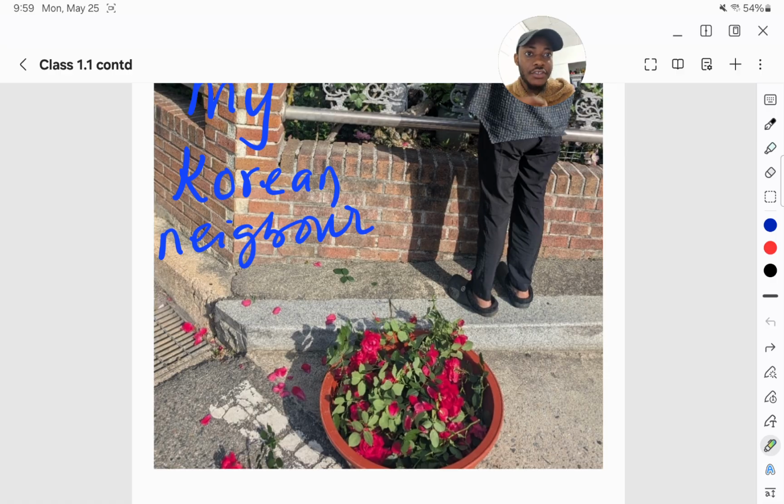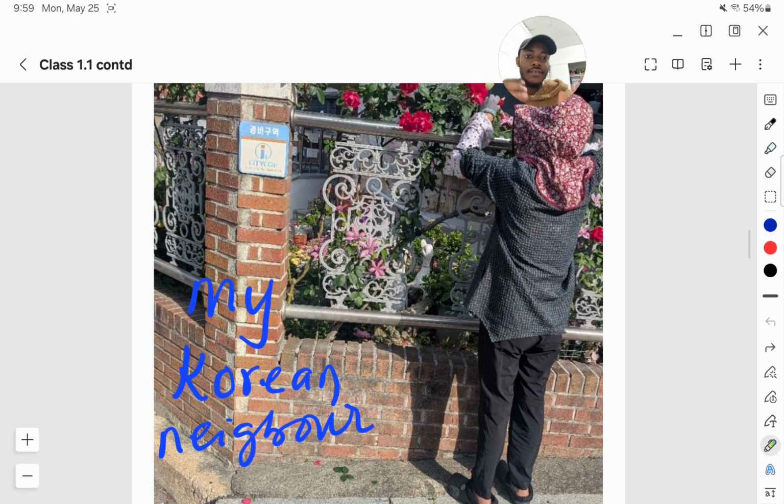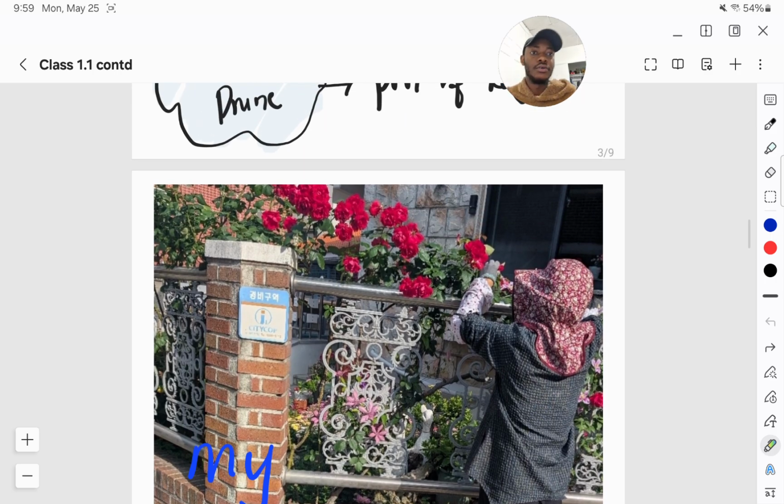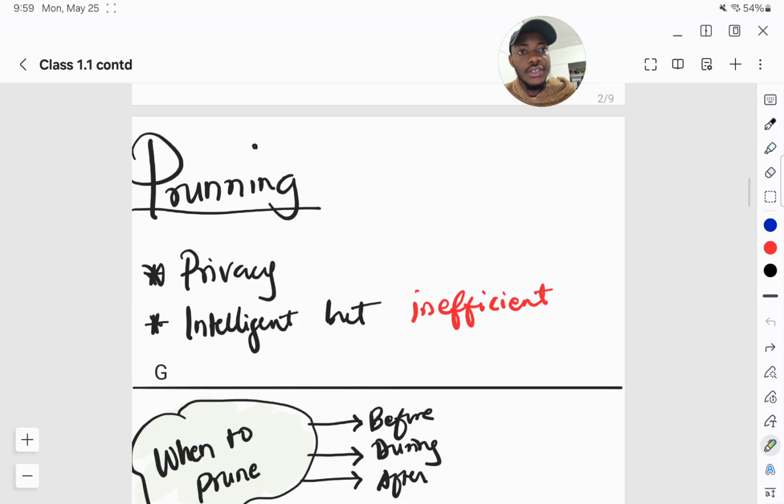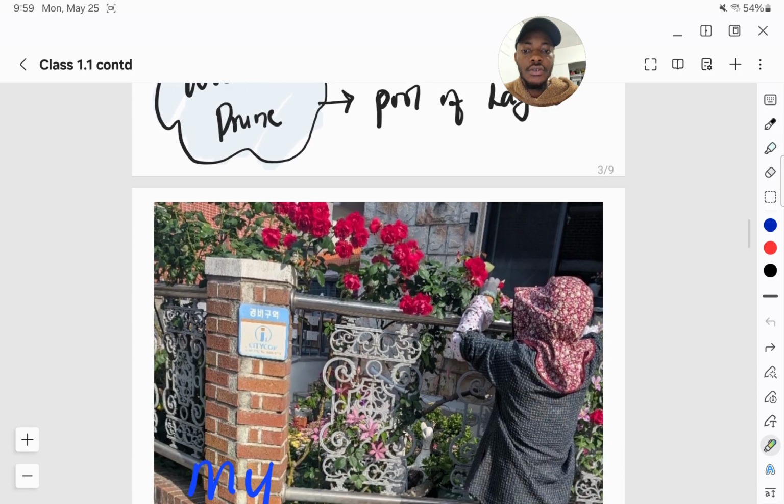It makes them better, but it's inefficient because maybe she's thrown away some rose plants. And this gives you a simple idea of how everyday life situations can give you a better understanding of what pruning actually means. So pruning essentially is an intelligent but inefficient method of adapting large language models for particular or specific use scenarios.